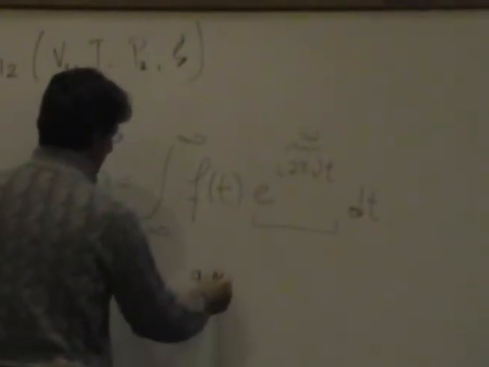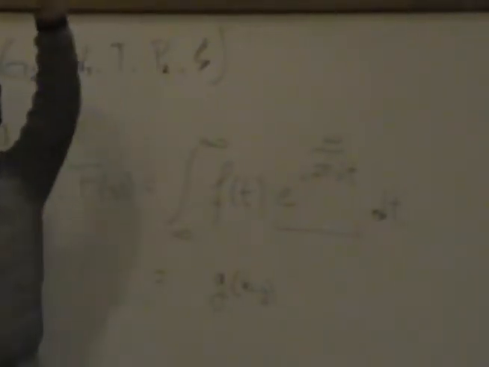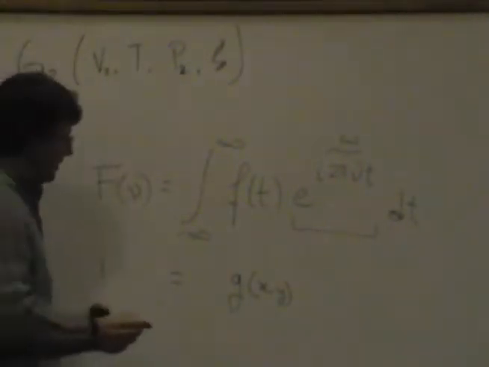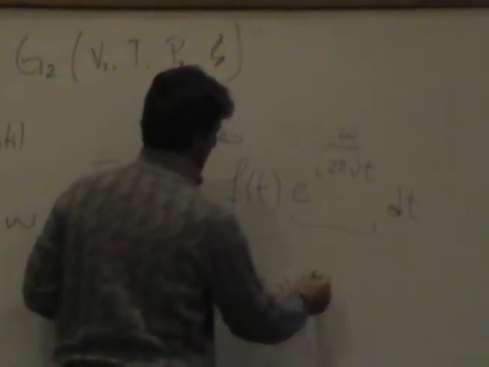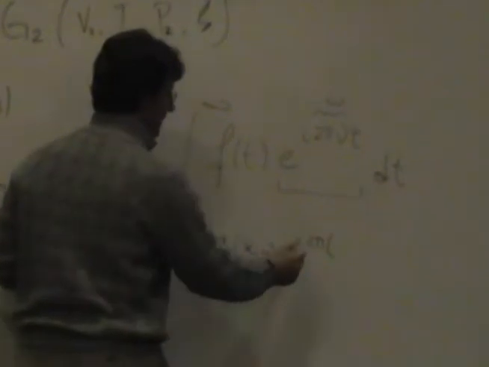So here I'm going to have, let's call it g of x and y. The x and y are the coordinates. And here I'm going to write e to the i 2 pi. And now I need to write, instead of nu, Fx, that's the frequency along x.